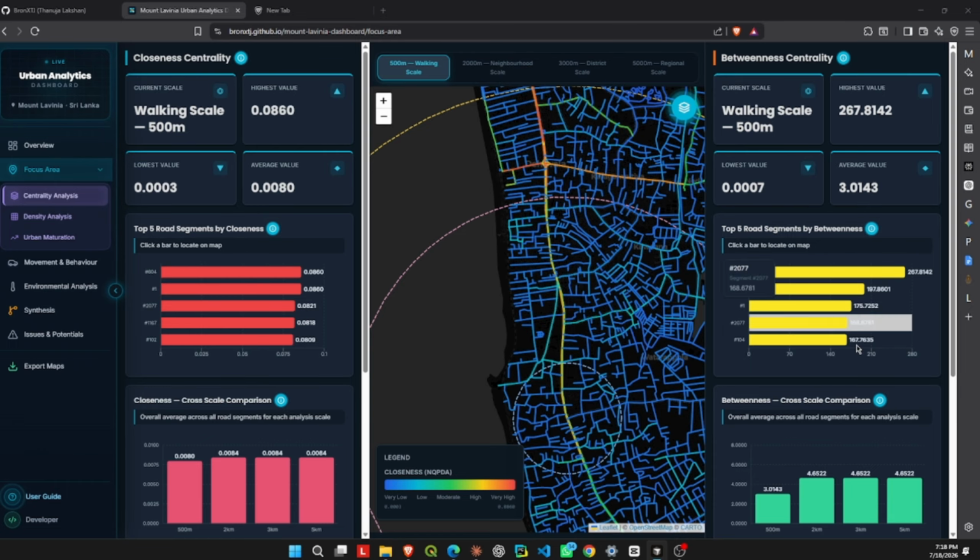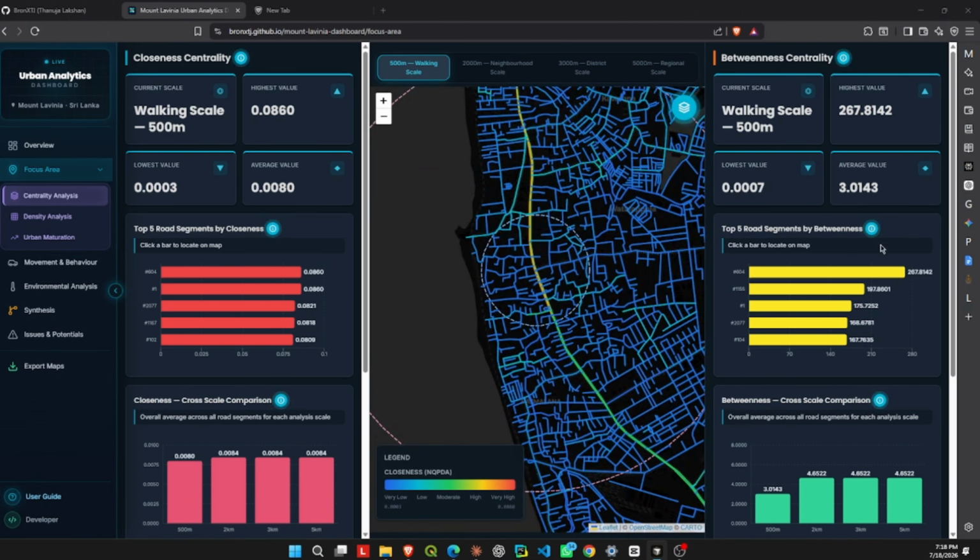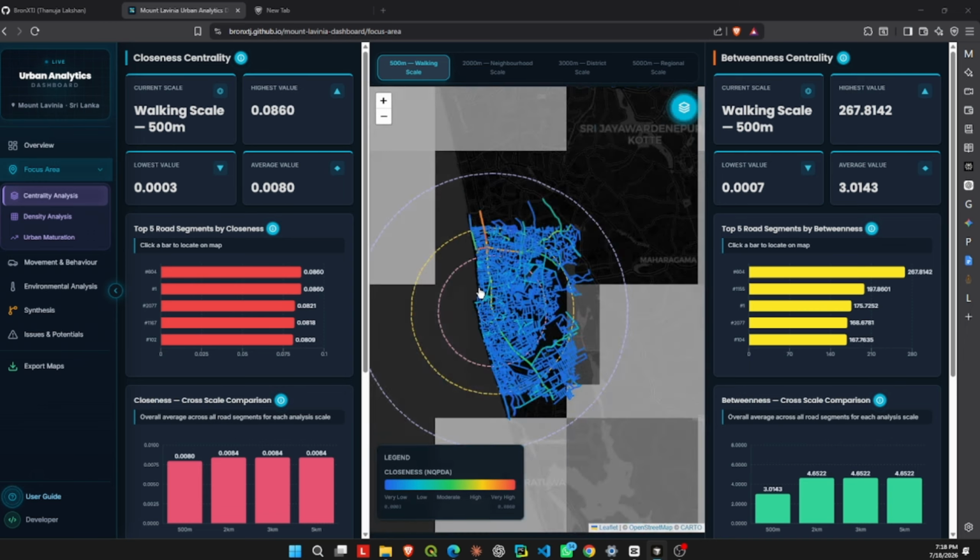So the screen has three parts: the closeness panel on the left, the interactive map, and the betweenness panel on the right side. The centrality values are loaded from the prepared GeoJSON files in the dashboard.